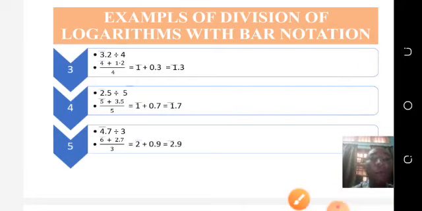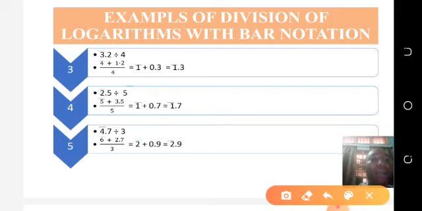Example 4. Bar 2.5 divided by 5. You cannot use 5 to divide bar 2 because they are not the same. What are the multiples of 5? Good. 5. 5 is greater than 2. We can use 5. Okay? If you are using minus 5 as a negative value, what other value can you use to convert minus 5 back to minus 2?